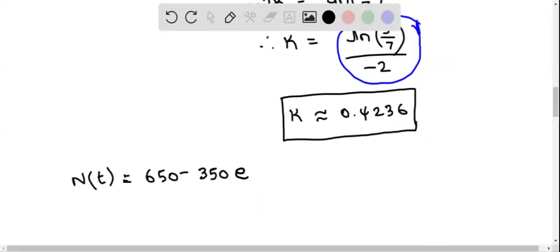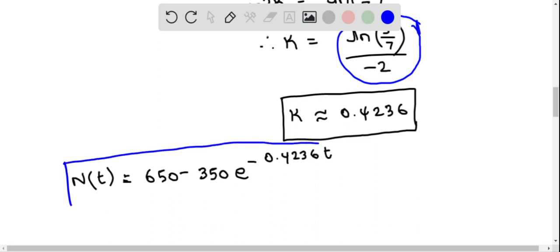So replace k with 0.4236, so this is negative 0.4236, then multiply with t. So this is the particular solution of the differential equation.